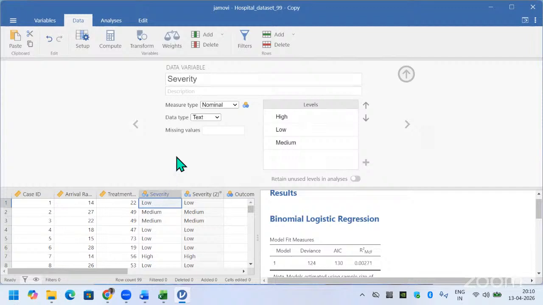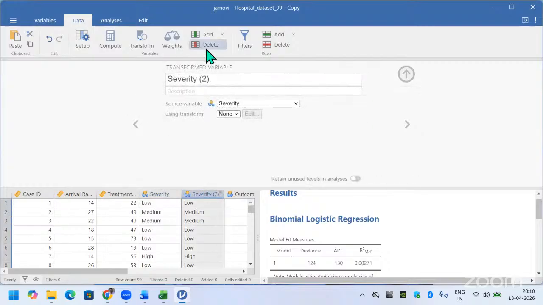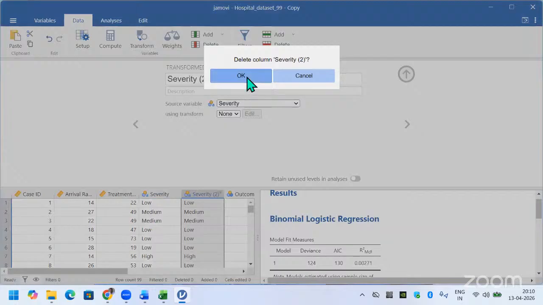Coming to severity, here it is nominal and it is not integer, it is text. I need to change this value. I cannot simply change it to integer. If I change it to integer, it will become completely zero. So it should be text, and I should know what exactly that value is referring to. When I initially created severity, I'll just show once again.